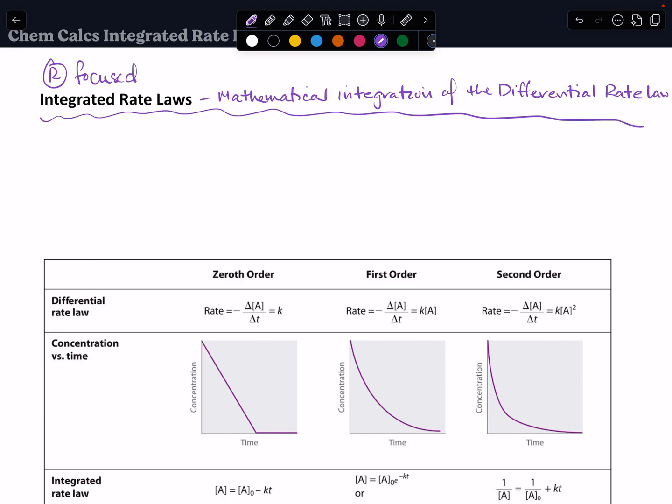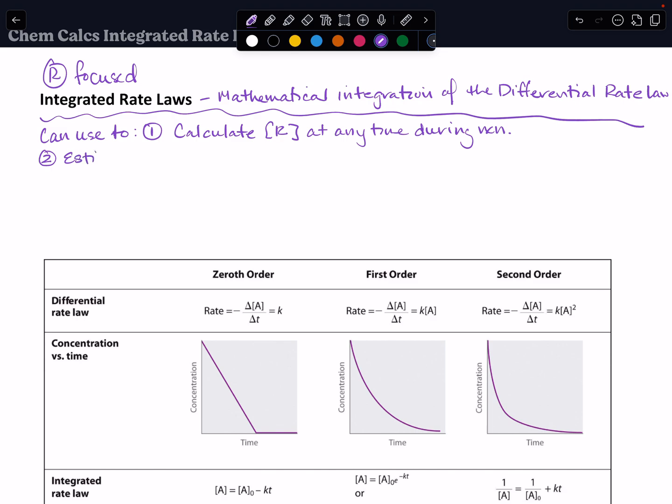There are many things that you can use these rate laws to do. First, you can calculate the concentration of reactant at any time during the reaction.